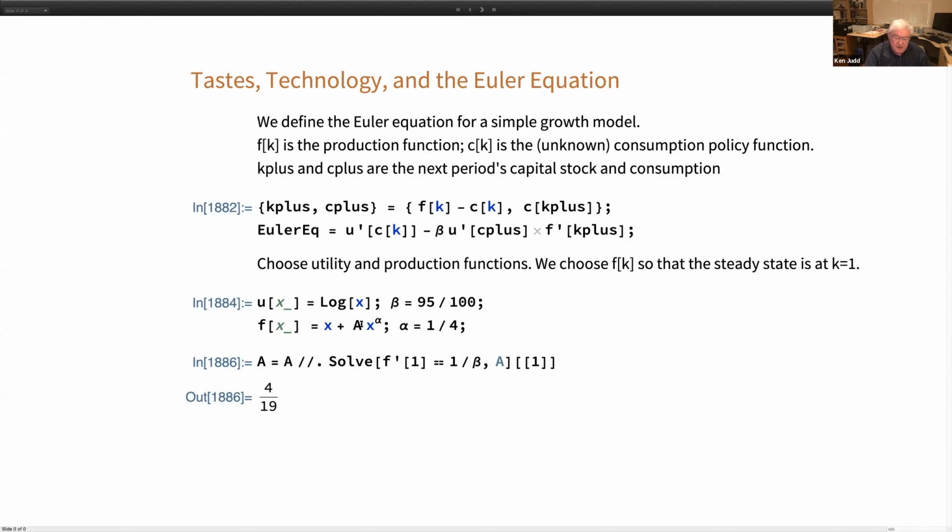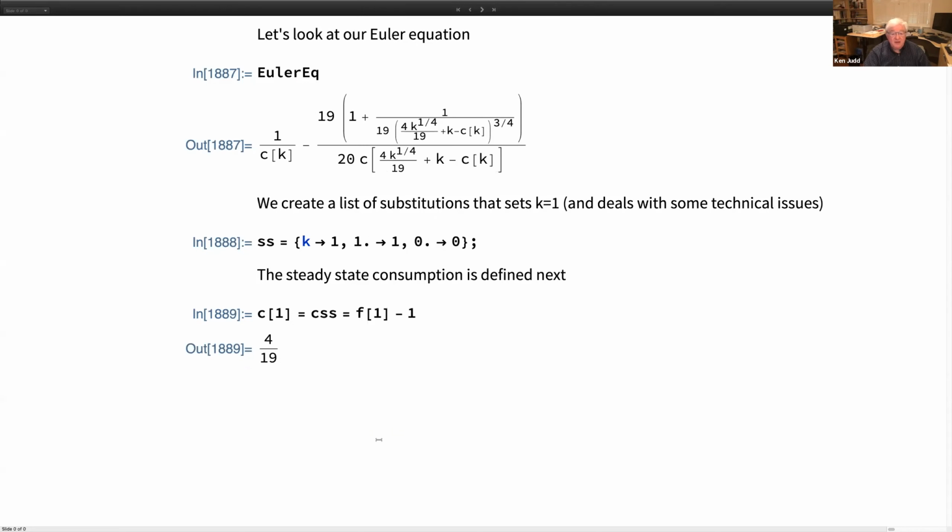And I rig up the capital A here, basically the scaling parameter, so that the steady state condition is satisfied at K equals 1. So steady state is 1. This is what the Euler equation looks like then. Now, by the way, don't spend too much time looking at it. It's pretty ugly. This is just a Mathematica detail.